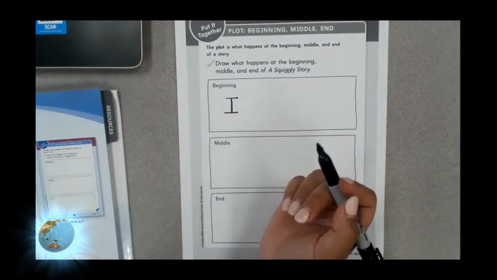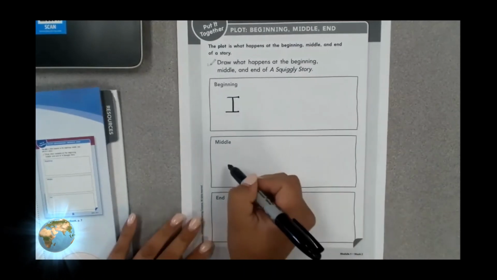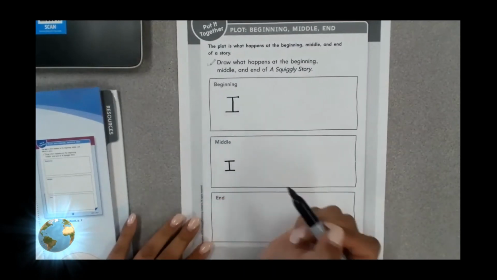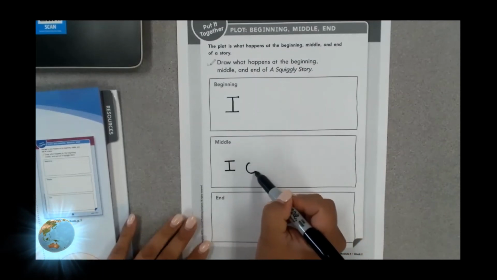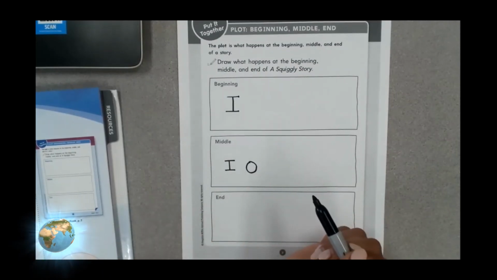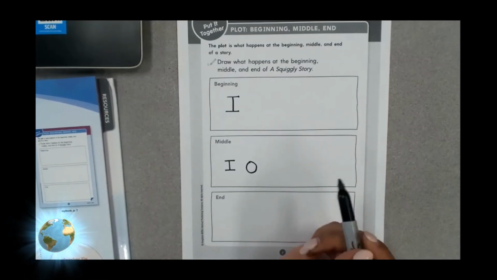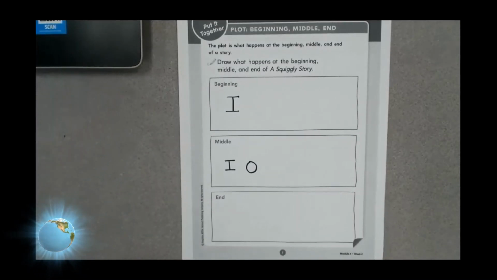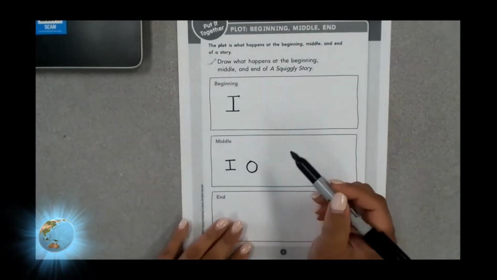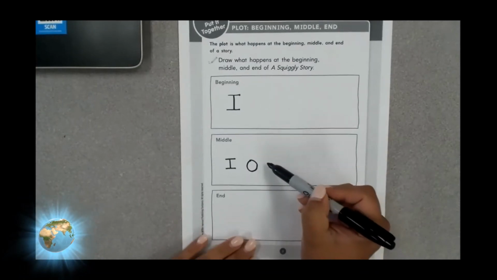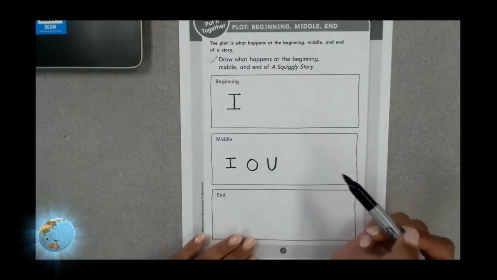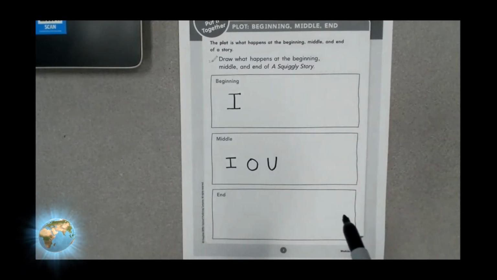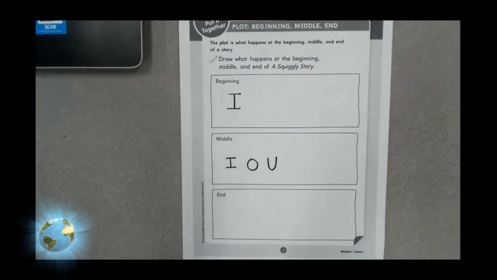And then in the middle of the story, he already had I, and then he's like, I'm gonna write a circle. And that circle was for what? For the soccer ball. And then he wrote another letter. What was the letter? U. He wrote the letter U to refer to the sister in the middle of the story.